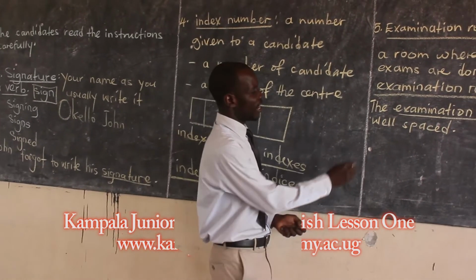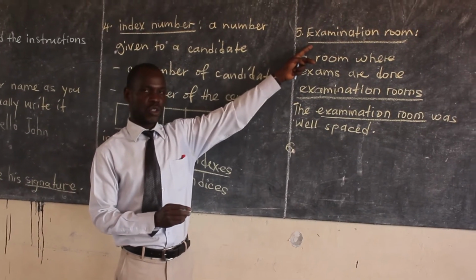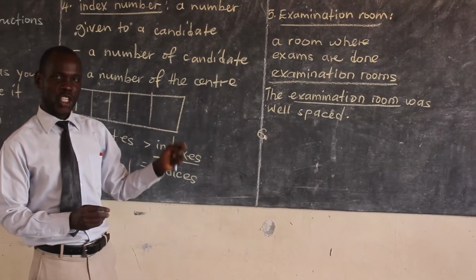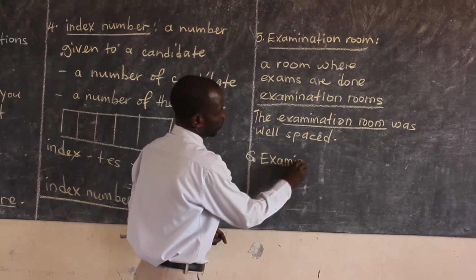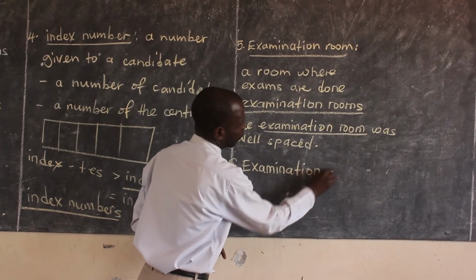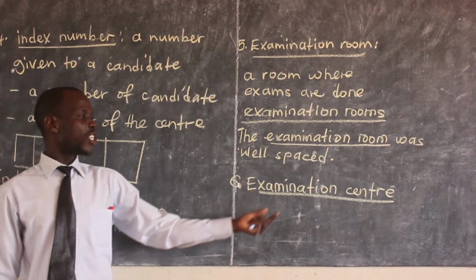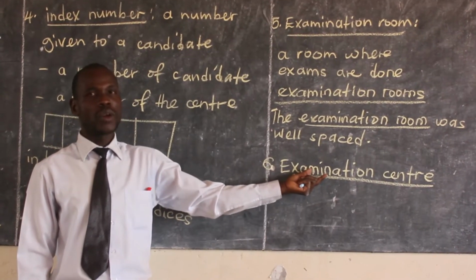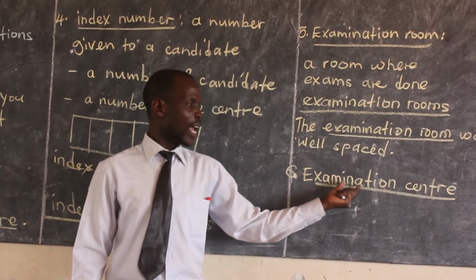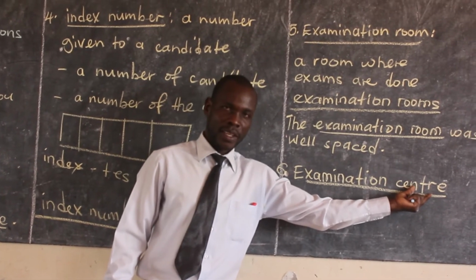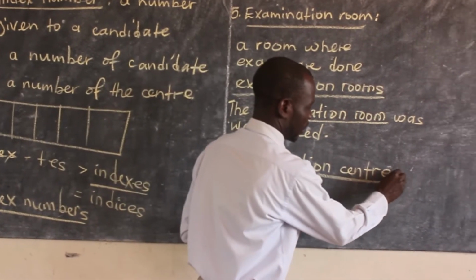Then we also have another word that we need to know, and it also comes from the word examination, and that is the examination center. This one is also a compound common noun because it has two words: the word examination and the word center. This one is just a place.